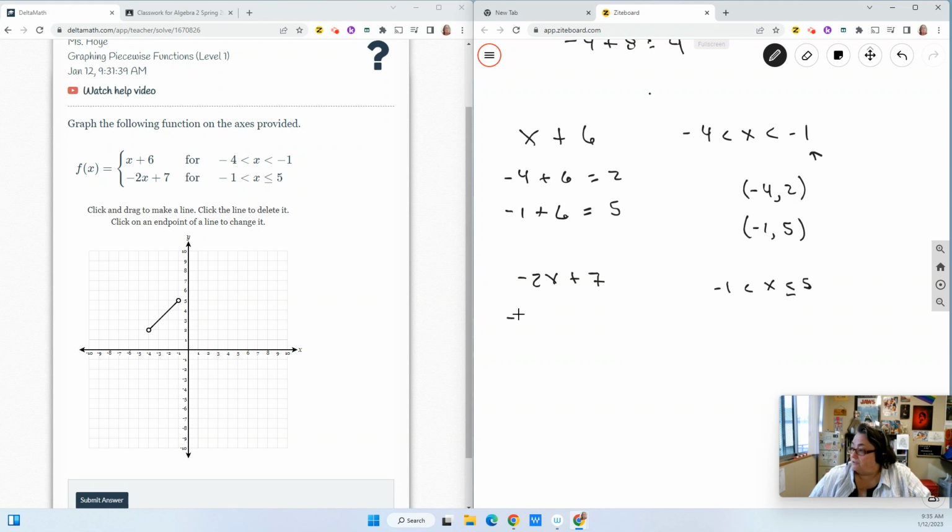So I have minus 2 times negative 1 plus 7. And so this just becomes 2 plus 7. Negative times a negative is a positive, and 2 times 1 is just 2, plus 7 equals 9. So when we plug in negative 1 for x, we get 9 for y. And we're going to do the same thing now with 5. I'm going to go minus 2 times 5 plus 7.